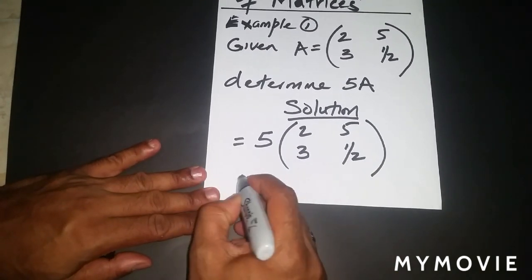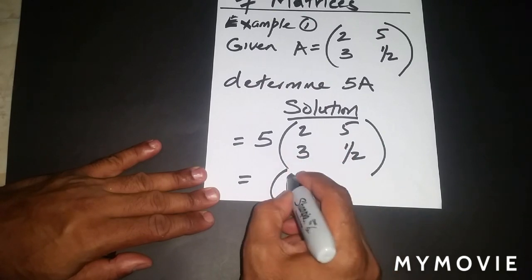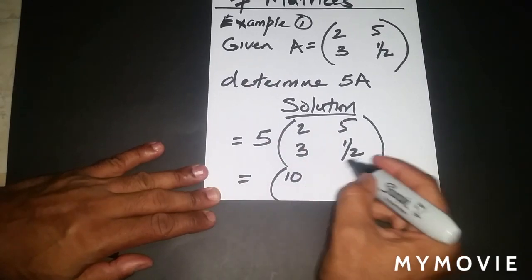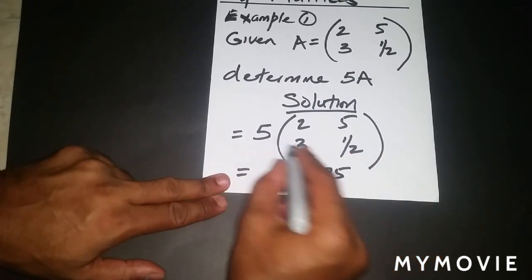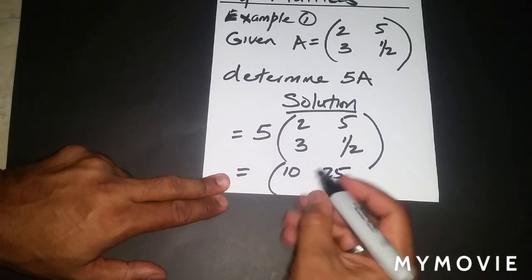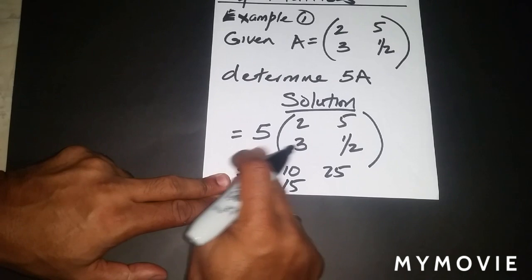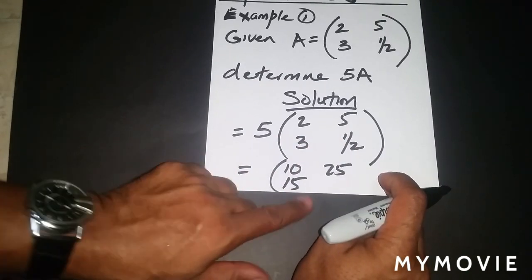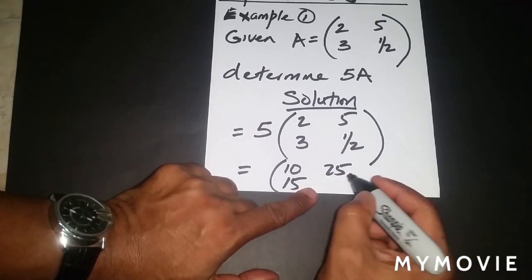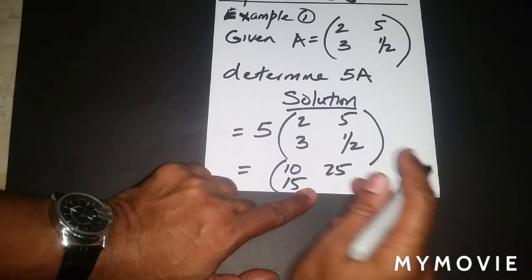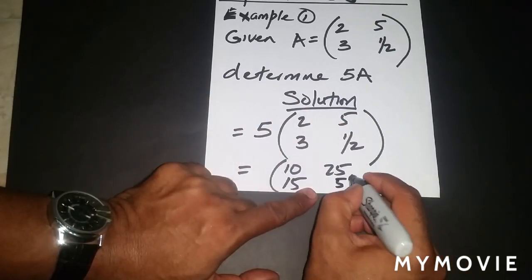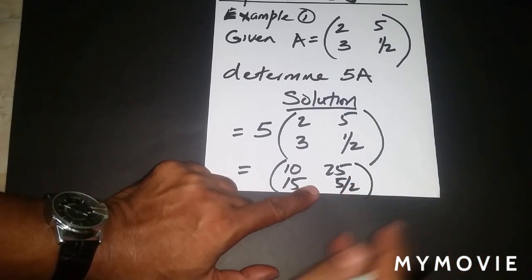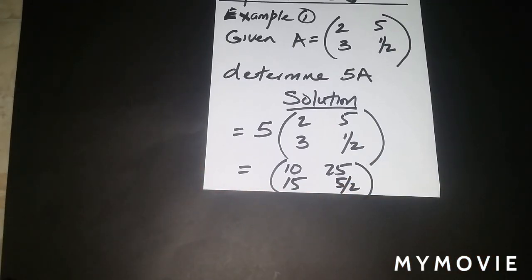So simply, 5 times 2 is 10, 5 times 5 is 25, 5 times 3 is 15, and 5 times a half is the same as 5 over 2, or 2.5. I can simply put 5 over 2 or 2.5, that would be fine.